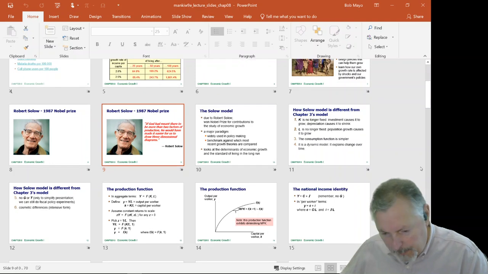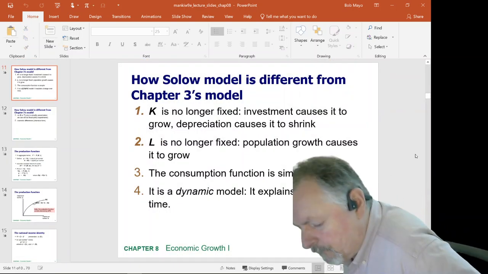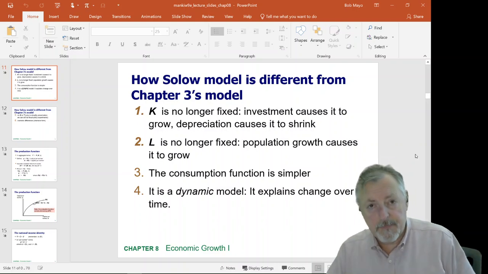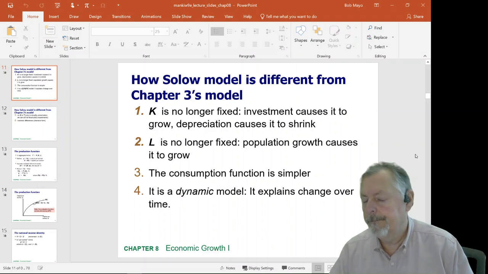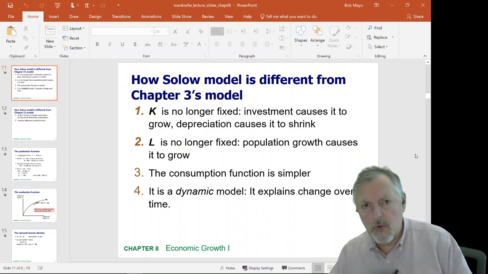Okay. The Solow growth model. Capital in this model is not fixed. It can accumulate over time or degrade over time. It's not exogenous. Also, in the Solow growth model, everything is on a per worker basis.